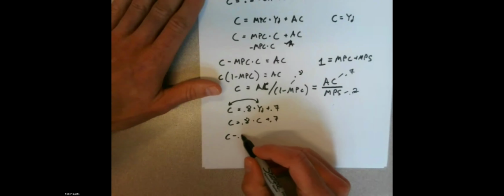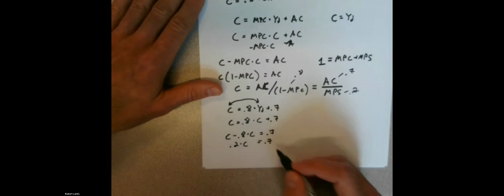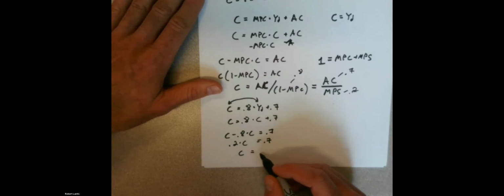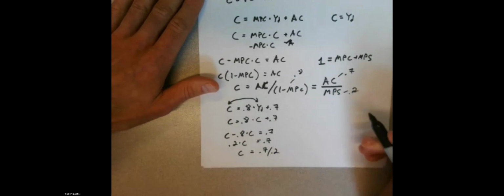So I would have C is equal to 0.8 times C plus 0.7. Just doing the algebra, C minus 0.8 times C is equal to 0.7. This would be 0.2 times C, and consumption at that break-even point is 0.7 over 0.2, which is exactly what we had up here.